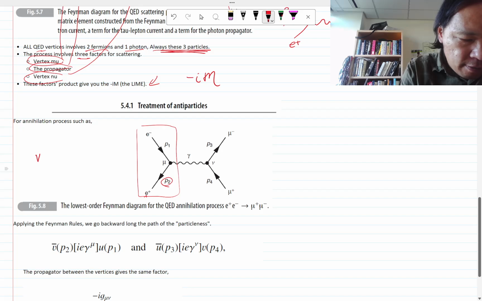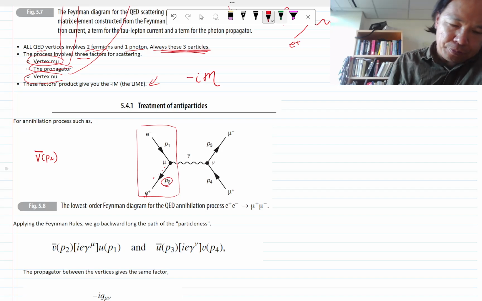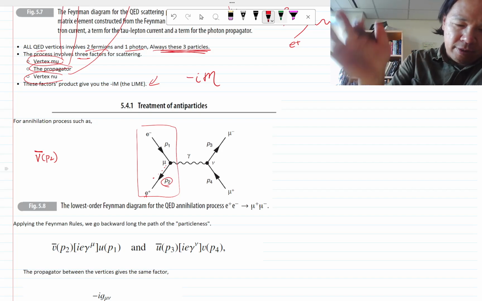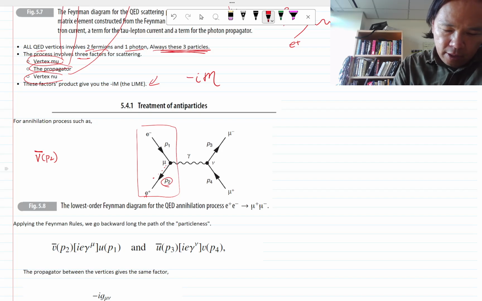Since this is outgoing, we put a little bar on it as an adjoint. Following backward along the particle lines, the next thing we see is this vertex mu.